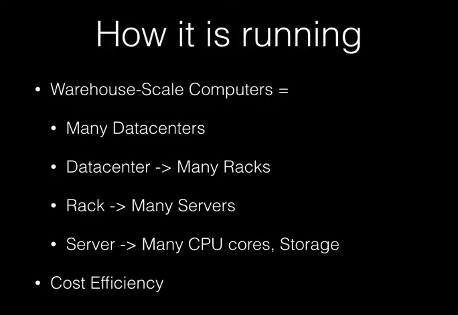Now we are starting to talk about the textbook. The textbook is called Warehouse Scale Computers. Basically, a warehouse scale computer comprises many data centers, and data centers comprise many racks. Many racks include many servers, and every server includes many CPUs, core storage, and network bandwidth.